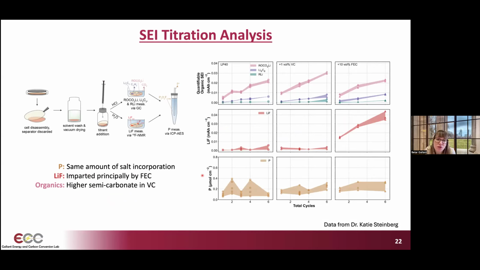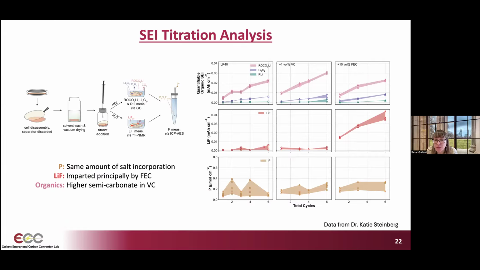We can further do titration analyses and gain some additional insight into the SEI. Here's what we've seen so far. I'll start with the phosphorus down here. Independent of the electrolyte, we see similar amounts of phosphorus incorporated into the SEI.